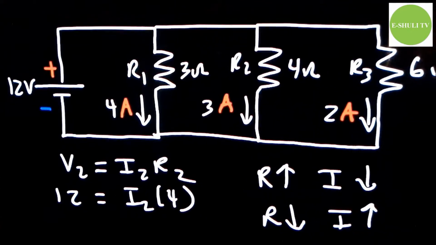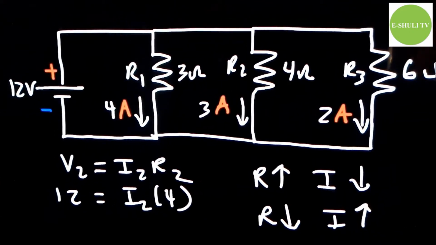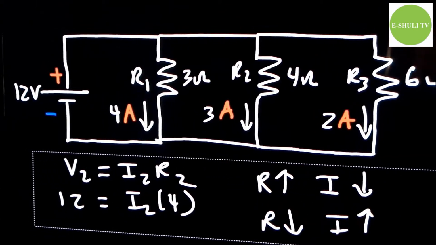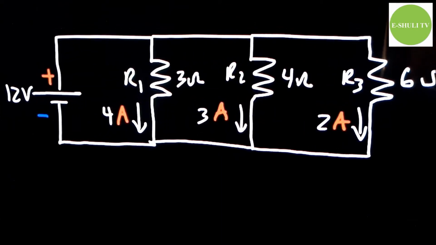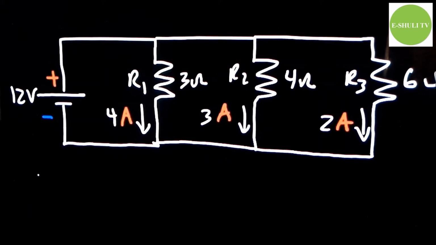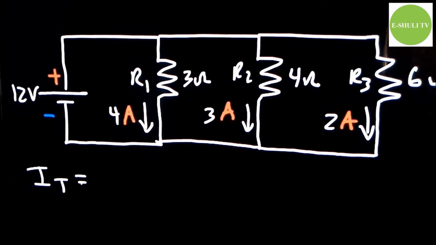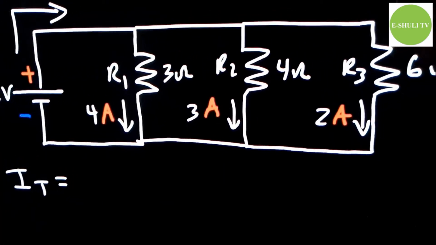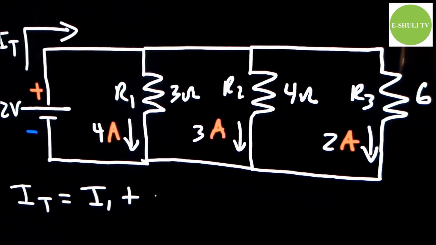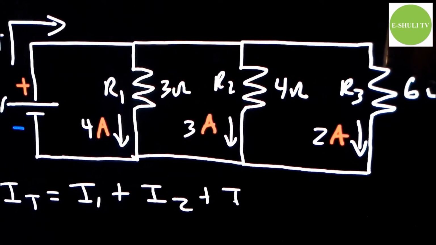Now for the whole circuit we are going to calculate the total current. Total current in parallel is equal to the first current plus the second current plus the third one.